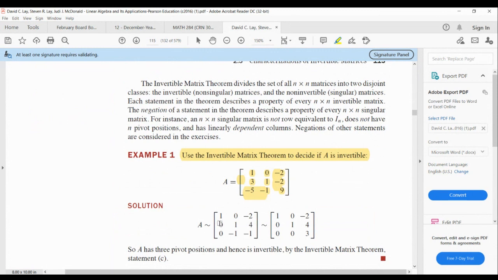They do some row operations, and they get the matrix A into what form is that? On the right, is that echelon form or reduced echelon form? What do you think?